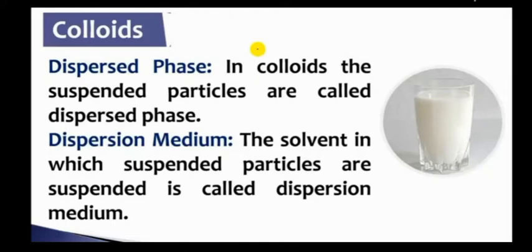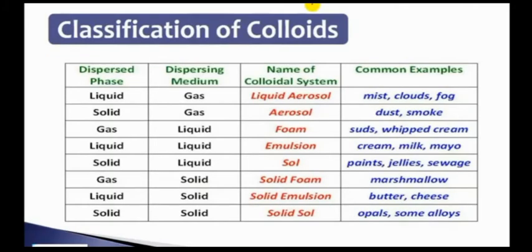Here in this picture you can see the classification of colloids. Common examples are given, showing which is the dispersed phase, which is the dispersion medium, and the name of the colloidal system. The first one we can discuss is clouds, mist and fog.